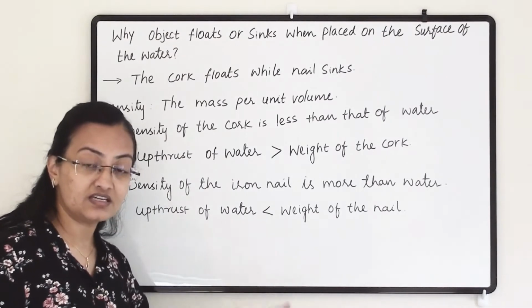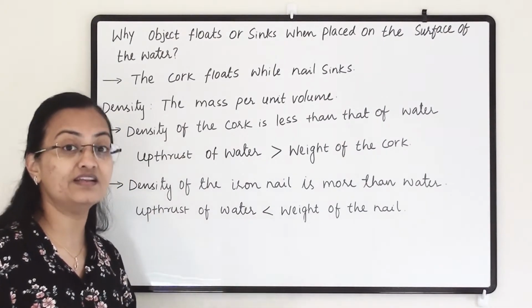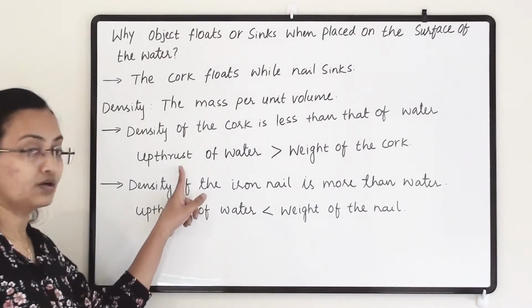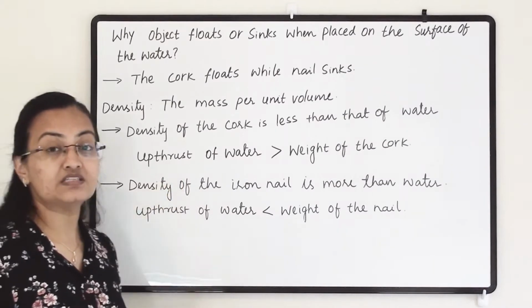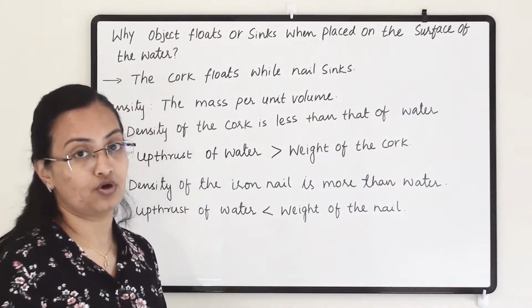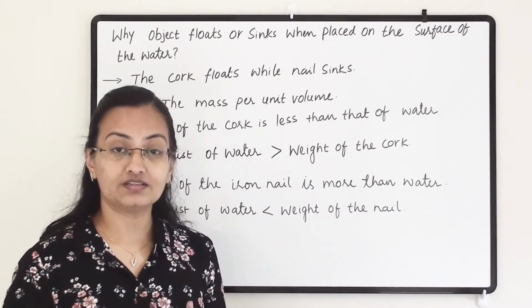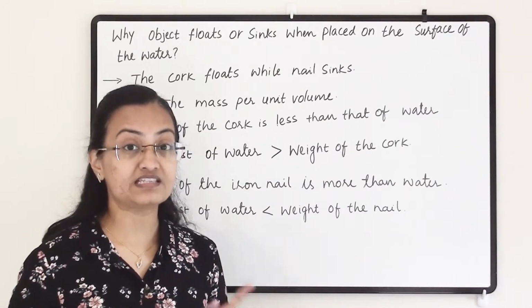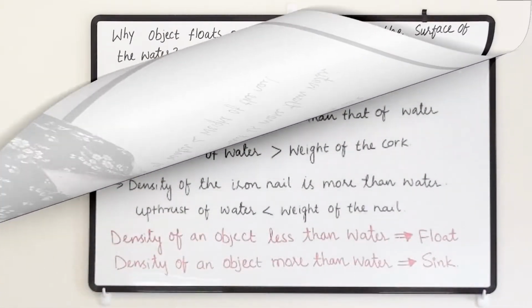So it will remain at the bottom of the container and sink, whereas the cork will float on the surface of the water. It always depends upon the density of the object. If the density of the object is more compared to water, then it will sink. And if it is less than that of the water, then it will float on the surface.